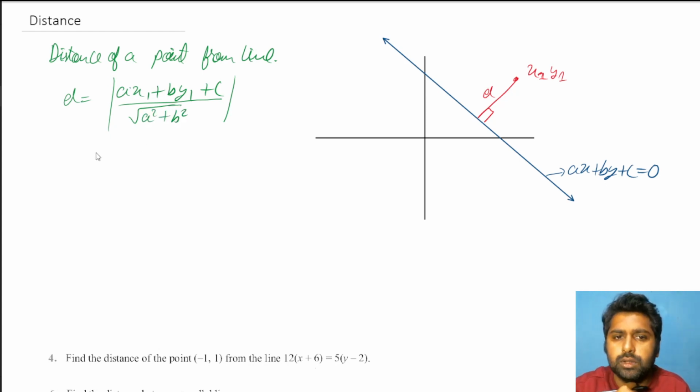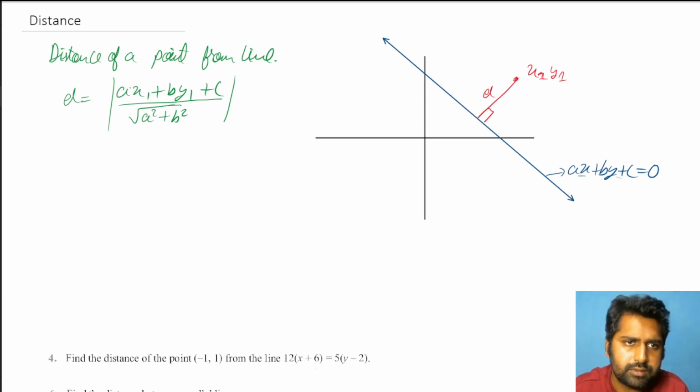Okay. How do you learn this? Basically, the numerator part, you just put the value of x1, y1 in this equation. Simple enough.